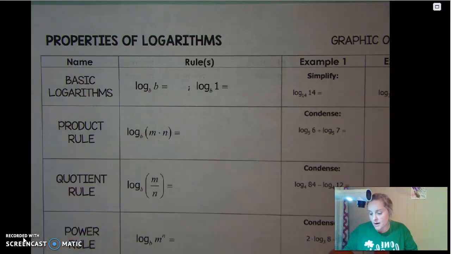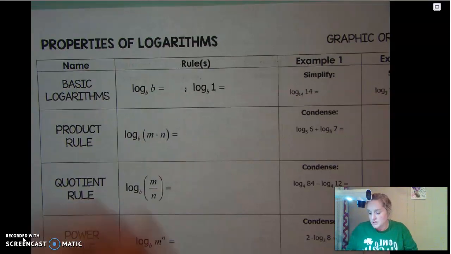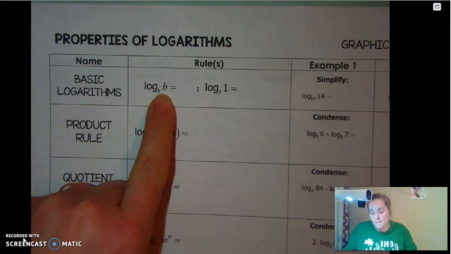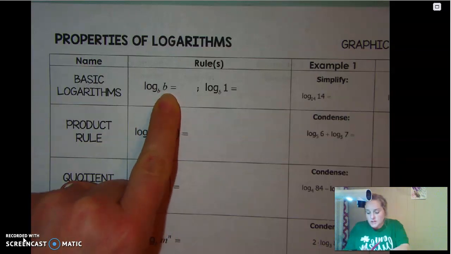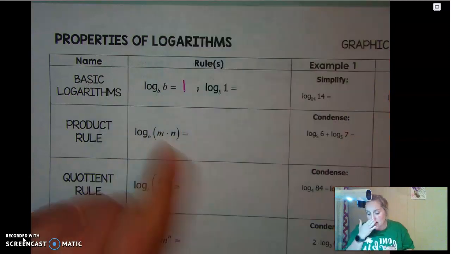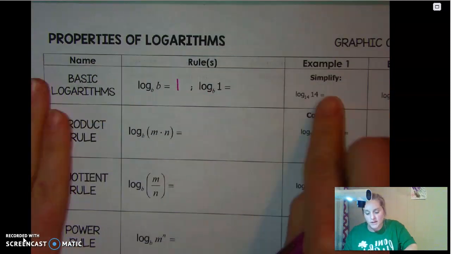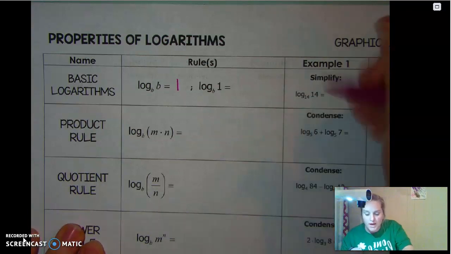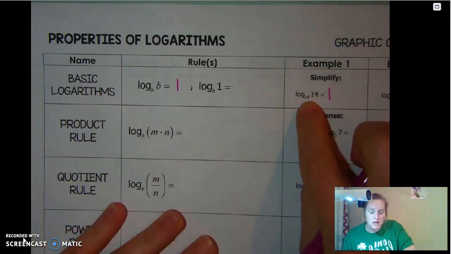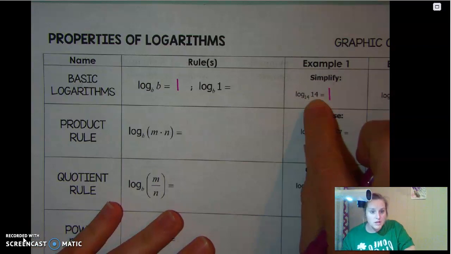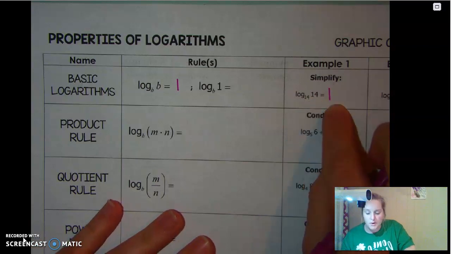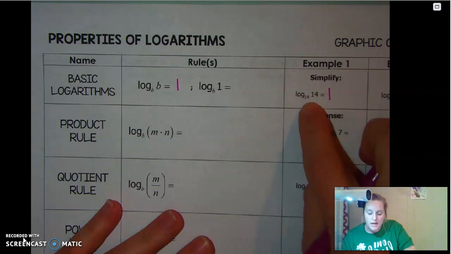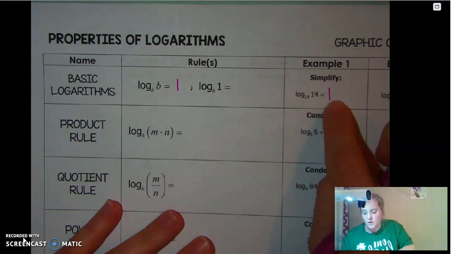So this is our properties of logarithms. Just a basic logarithm. You've got log base b of b, which is going to just be 1. Anytime you have a number to itself, for example here, log base 14 of 14 is just 1 because the base is 14. What's going to give you itself is the power of 1, because remember your logarithm equals an exponent. So 14 to the power of 1 gives you 14.